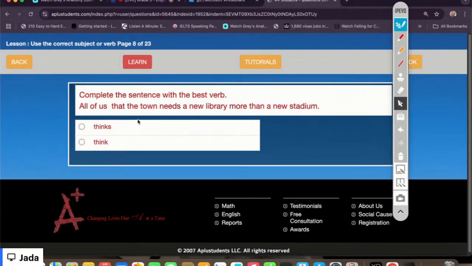All of us dash that the town needs a new library more than a new stadium. Thinks or think?